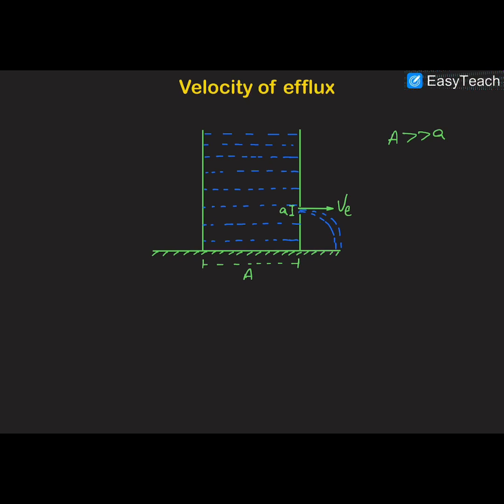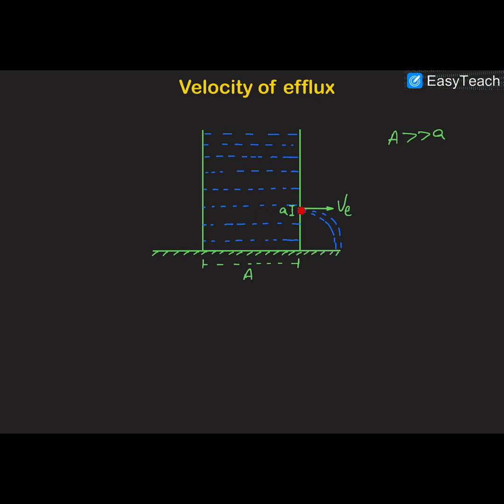In this video, we are going to discuss the velocity of efflux. Now, let us discuss what I mean by velocity of efflux. Imagine a container which has some liquid filled in it, and there is a tiny hole, which is also called an orifice.